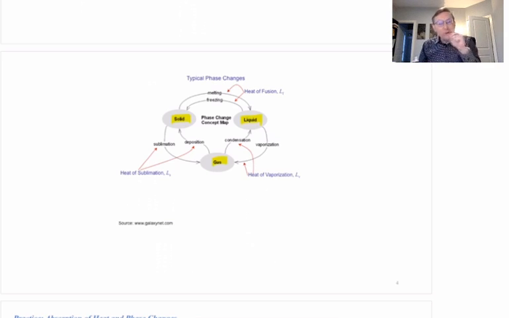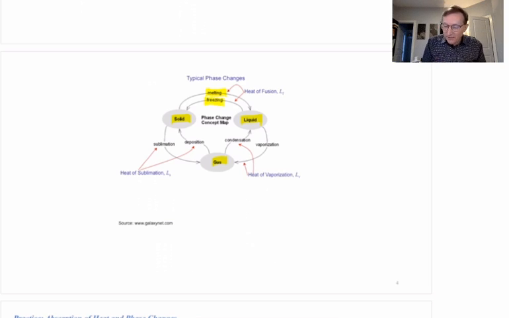And between any two of those phases, you can have a phase change from one to the other directly. And there's a name for each kind of phase change. And the energetics of the kind of phase change differ. So for example, going from solid to liquid, as you probably know, is called melting. Or you can go from liquid to solid, the other way. That, of course, is called freezing.